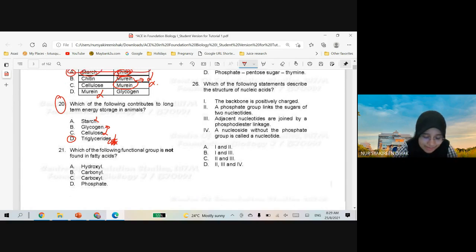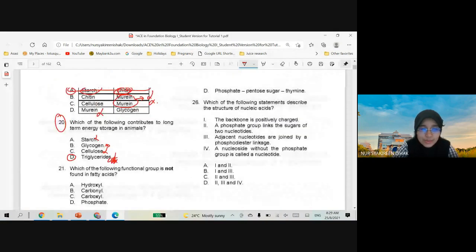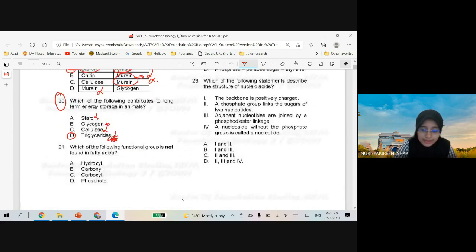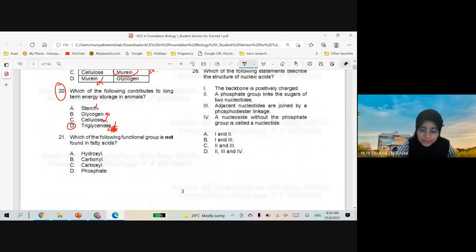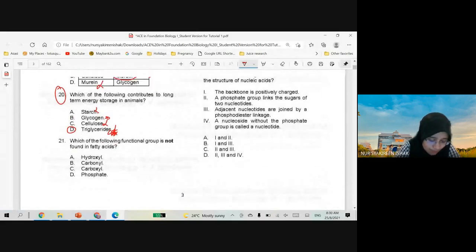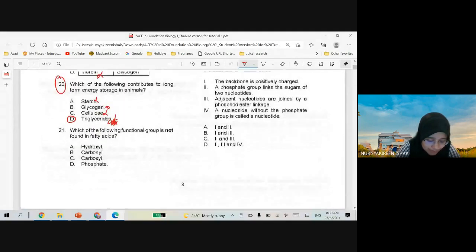Ya, dalam exam ke dalam test. In this case chapter 1, chapter 2 dia akan ditanya masa test. Tapi untuk final exam, tak ditanya dalam final exam. Final exam chapter 3 sampai chapter 8. Okay, chapter 1 and 2 will be asked for your test lah. Okay, in your test. Okay, back to the question.